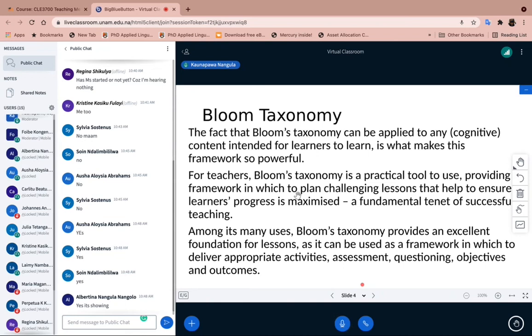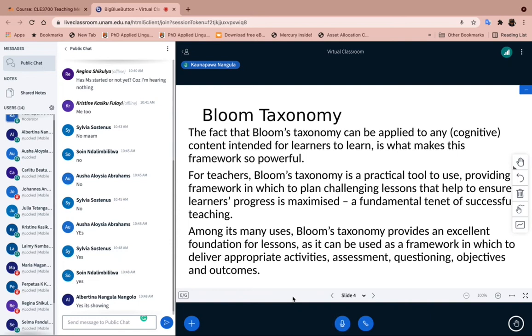All right. And then for teachers, Bloom Taxonomy is a practical tool to use, providing a framework in which to plan challenging lessons that helps to ensure learners' progress is maximized. The fundamental tenet of successful teaching is the idea that our teaching is really to maximize the learning process for the learners.